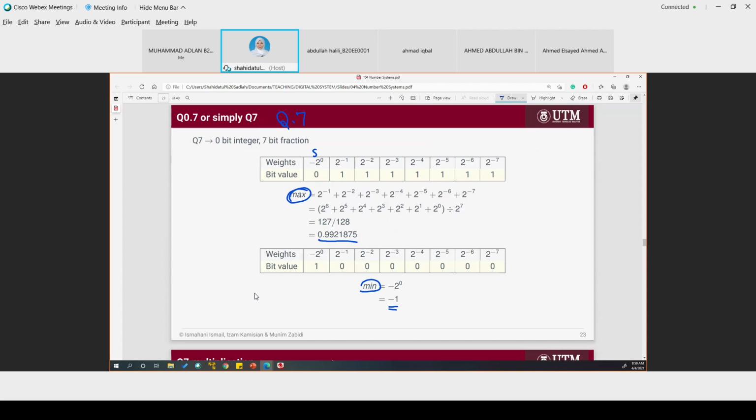Then when all the other bits are 1, it is the maximum. When the sign is negative and all the bits are zeros, that is the minimum value. All right.